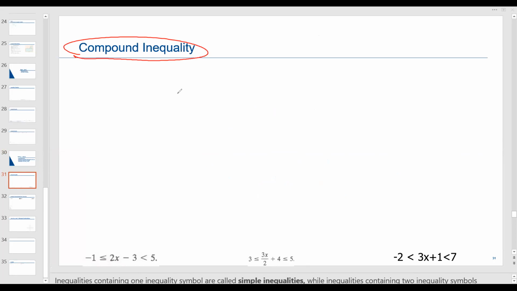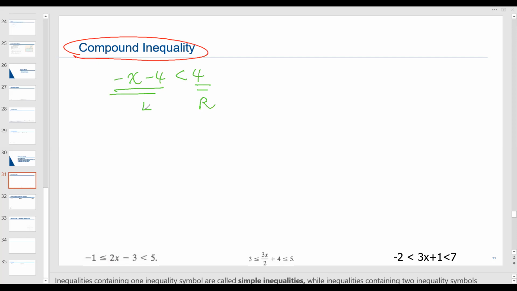So, compound inequality. Right now, what are we learning? We have x greater than -4, greater than 4, less than 4. We only have the left part and the right part. So you can combine like terms or do the proper operation on the left side and right side.